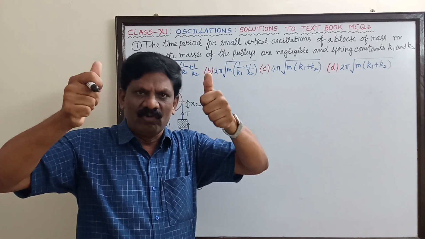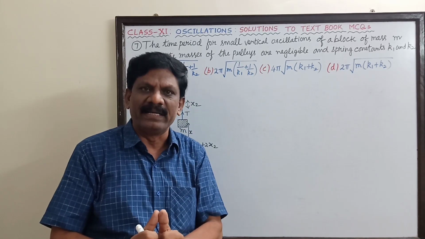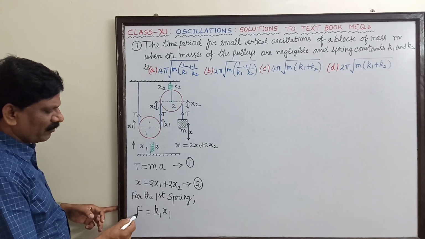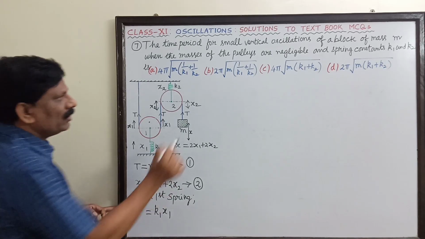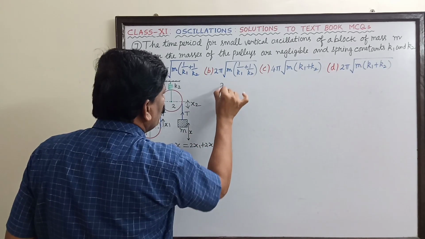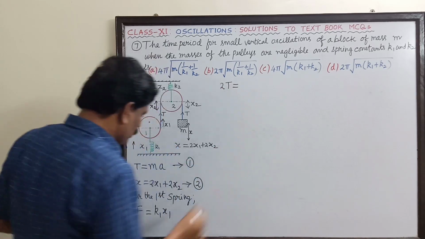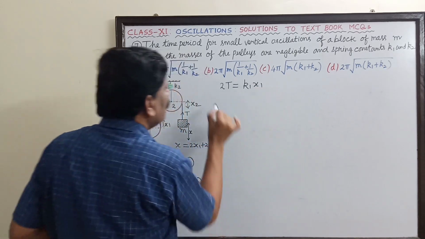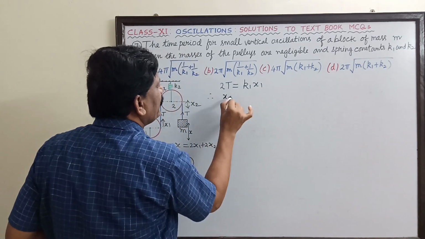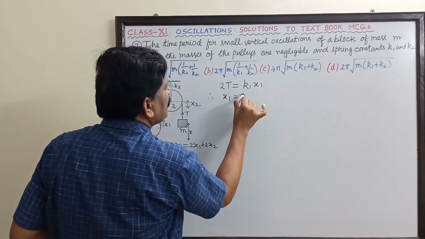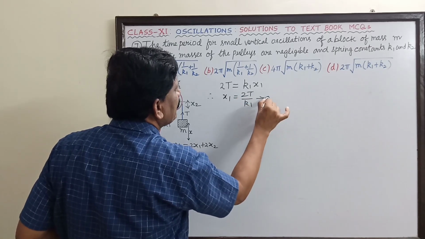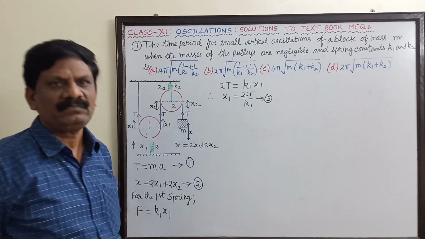So what is the net force acting on the pulley as well as the spring? That is equal to 2T. So the restoring force I am going to write here as 2T. 2T is equal to K1 times x1. Therefore, x1 is equal to 2T divided by K1. And this is our equation 3.